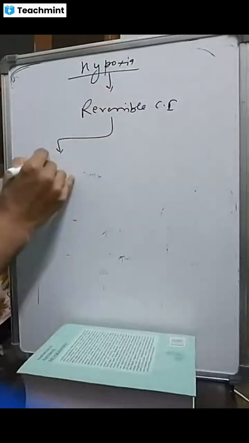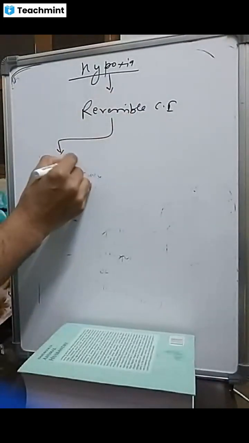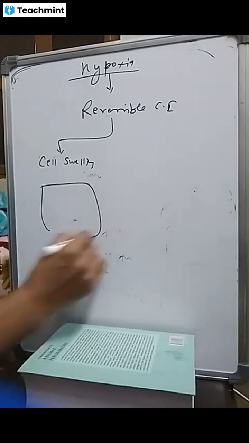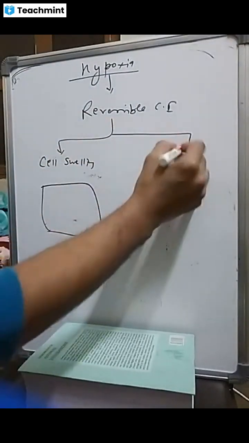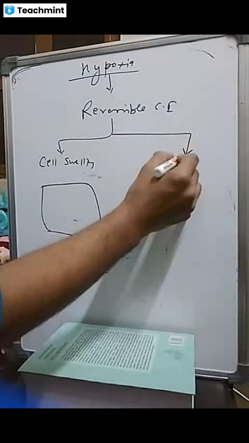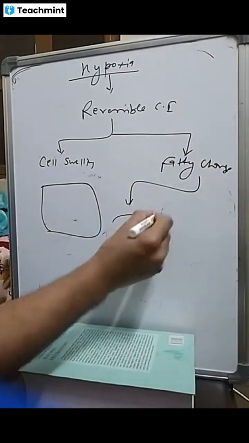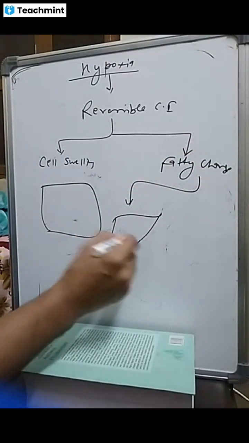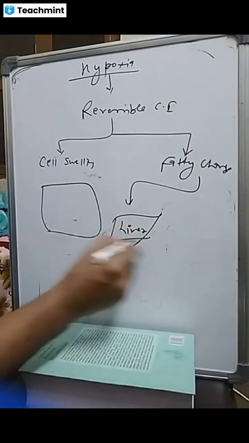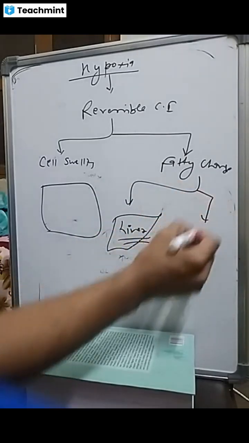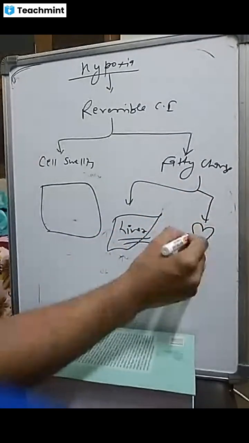One was cell swelling, that is swelling of the cell. Second was fatty change. One organ is the liver and second is the heart.